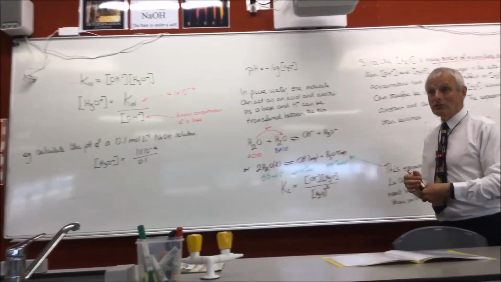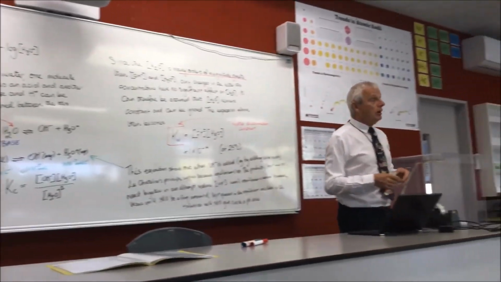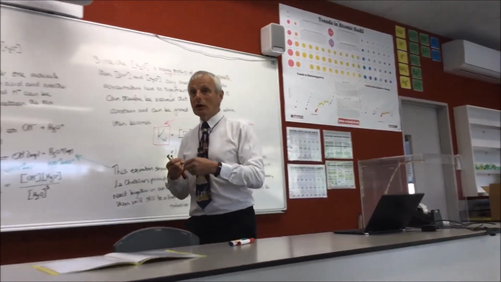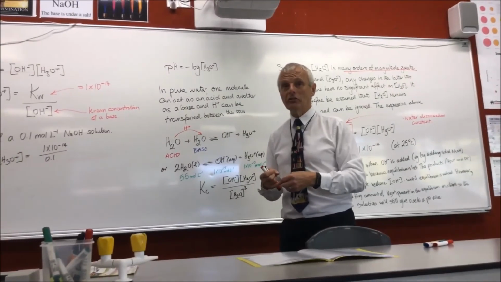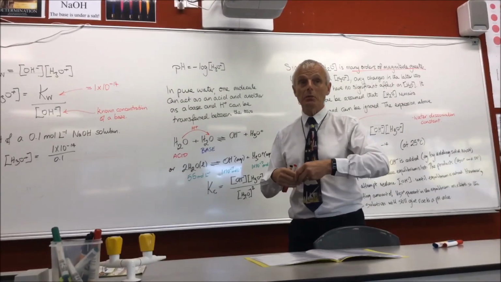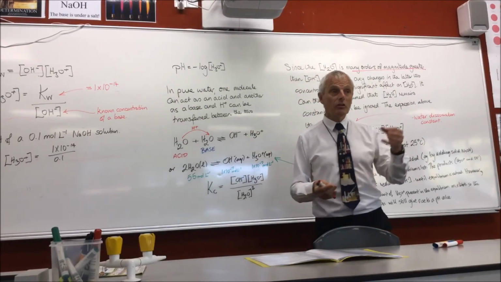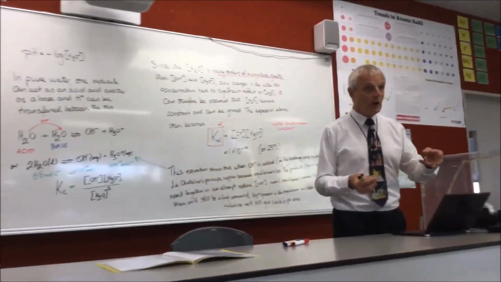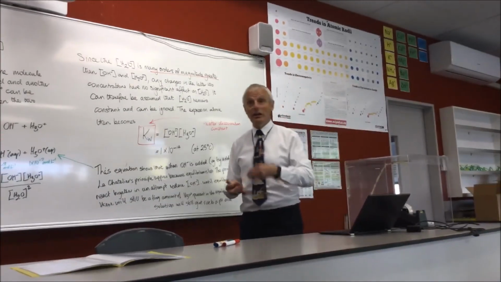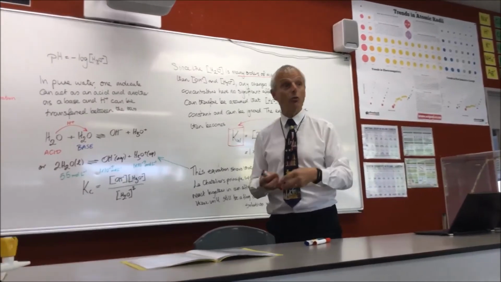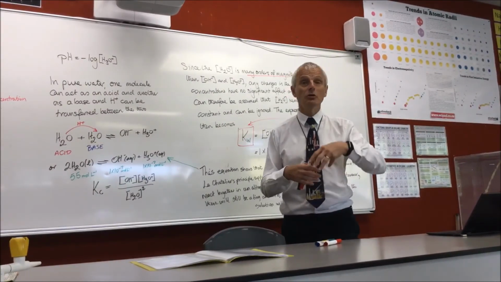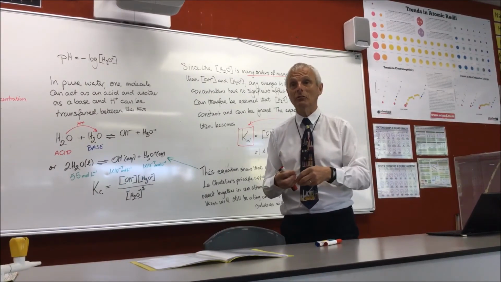Okay? And I need to make it clear, this year you will only do calculations involving strong acids or strong bases, where you get complete dissociation. So the concentration you are given of the acid or the base is the concentration of H3O plus or OH minus. Okay? You are not expected to do anything with weak acids and bases.